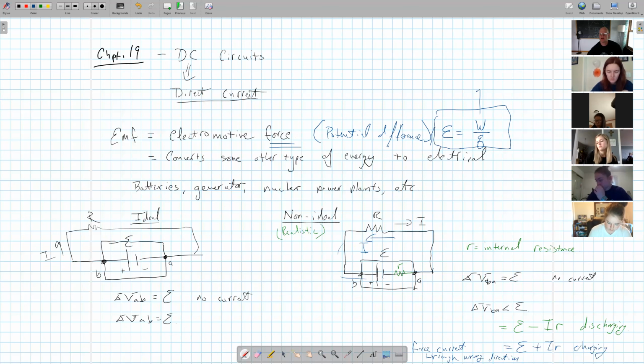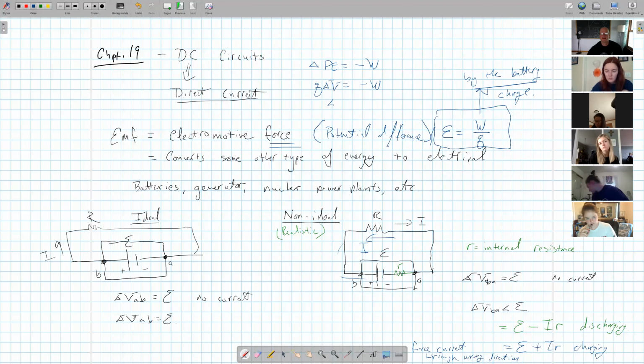So remember, change of potential energy is equal to negative of the work, but we know change of potential energy is the same thing as the charge times the change of potential, which is equal to negative of the work, which means that the change of potential is equal to the work done per unit charge.